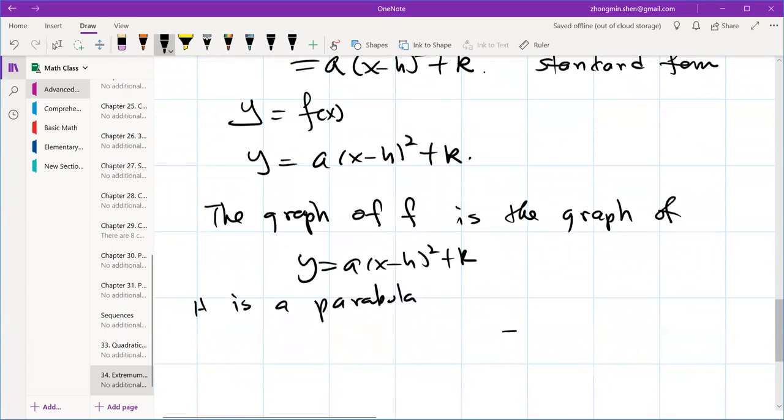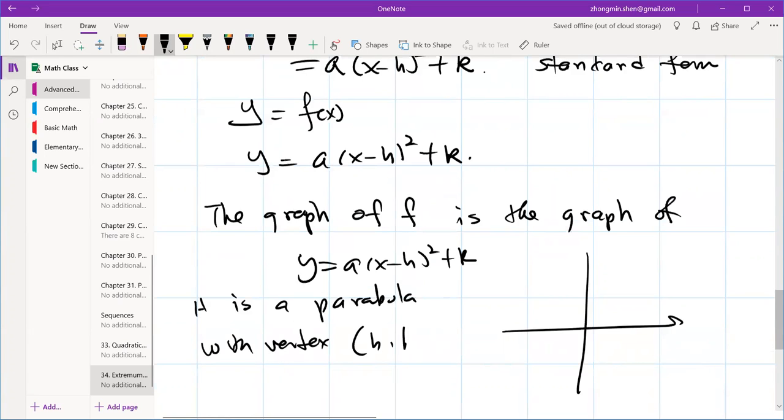It always goes like that. It's a parabola with vertex (h, k), okay? So here's h and k, it looks like that.